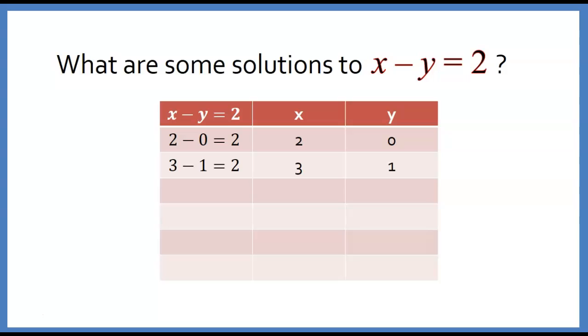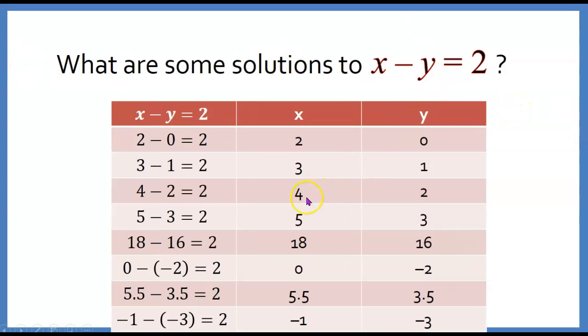Can you think of some other possibilities? Well, here are some that I came up with. X could be 4 and y could be 2. X could be 5 and y could be 3. X could be 18 and y could be 16, because 18 minus 16 equals 2. X could be 0 and y could be negative 2, because 0 minus negative 2 is equal to positive 2.